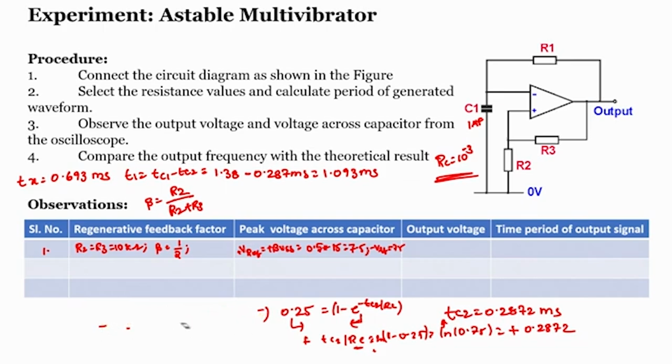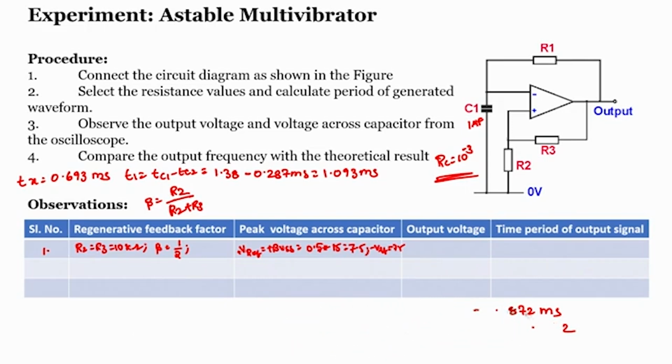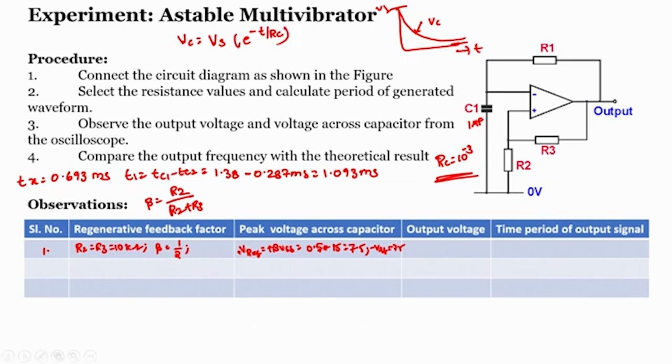the discharge relation we can write down as Vc, the discharge rate of capacitor. If this is Vs, this is time and this is Vc, Vc I can write down as Vs into e power minus t by RC, right, that is our discharge rate of capacitor.